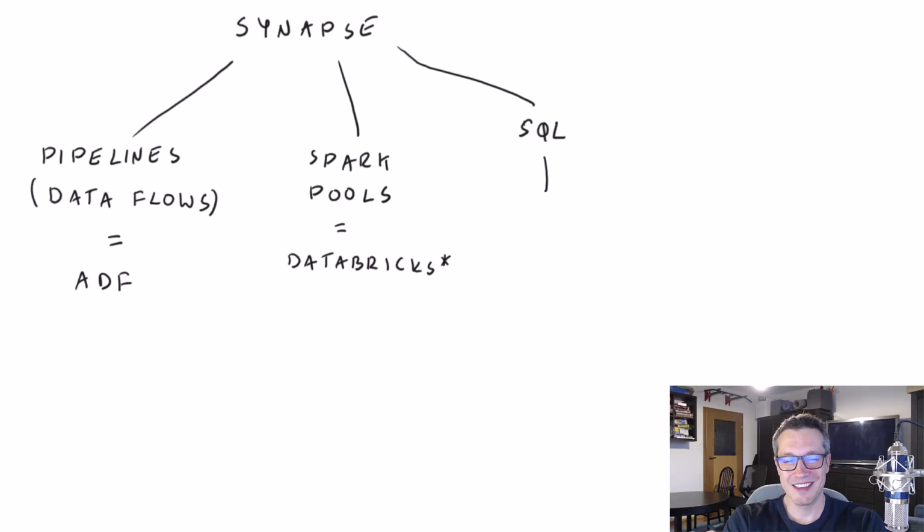So it is not relational per se, but you can think of it like this good old school classical data warehouse. So dedicated SQL Pool. Alright, so that's the topic for today.